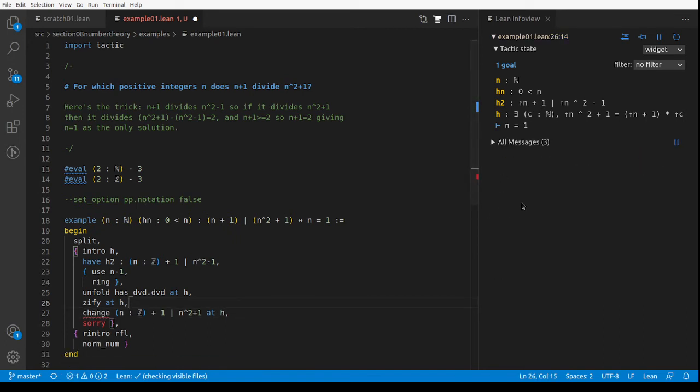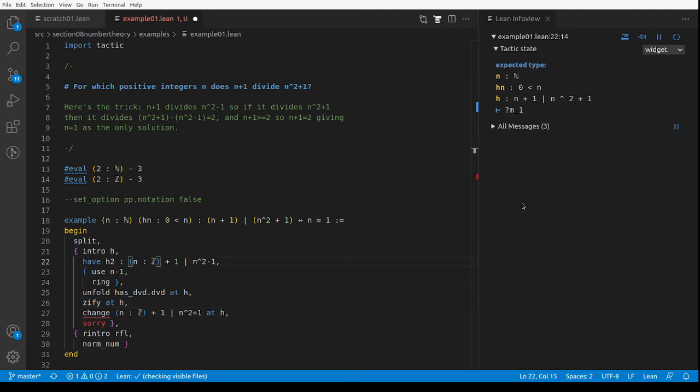I'm making a video, so let's just get on. I'm not going to use division because I'm finding it annoying to use division with naturals and integers. One could boost the zify tactic so that it would work for h, but we're not going to do that right now.